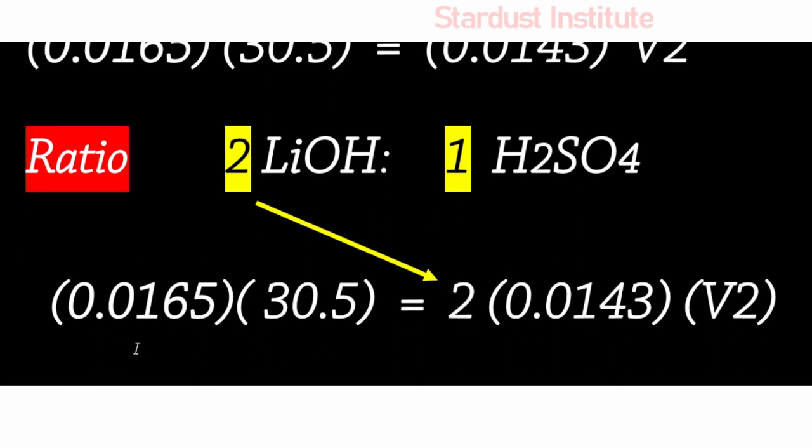In this way, 0.0165 times 30.5 equals 2 times 0.0143 times V2.